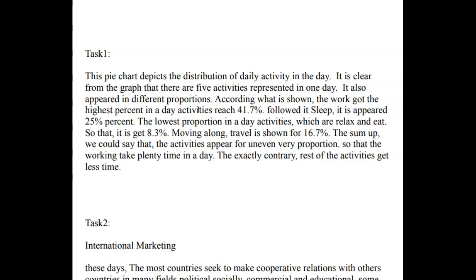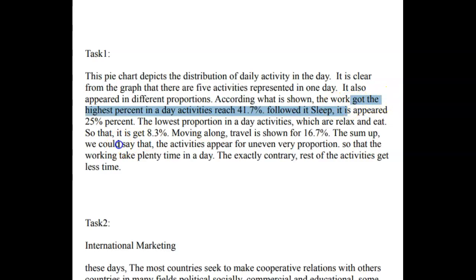That's the first thing. The second thing is that this was really difficult to understand. Every sentence had a grammatical mistake. I think maybe there were like 2 that did not. And this sentence is fine: "It also appeared in different proportions." All right, that was fine. And then the rest of it had mistakes. According what is shown. It's "according to what is shown."